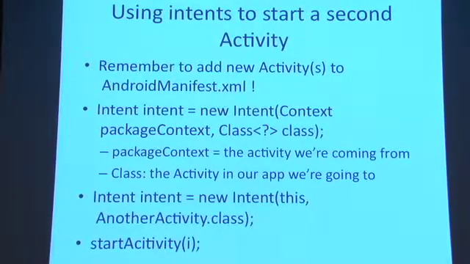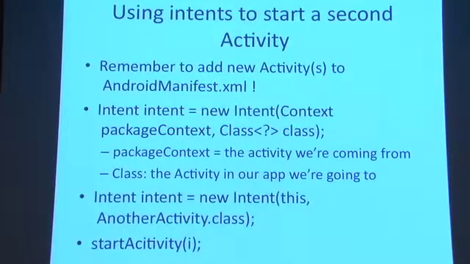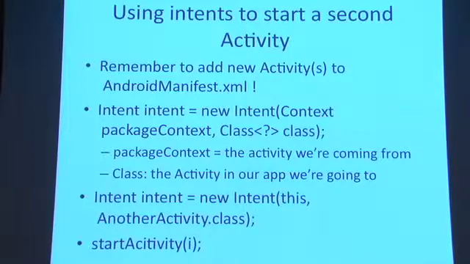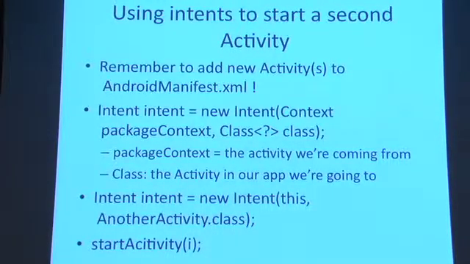The next thing to do to switch activities would be to use this command on the second bullet point: Intent, whatever variable you would like, equals new Intent, with the context and the class being the parameters. And the context is the activity we're coming from.